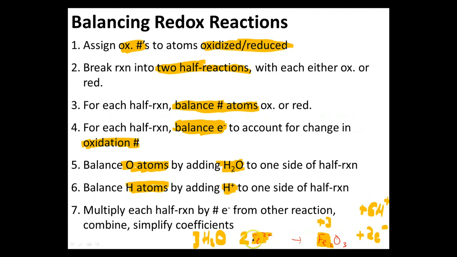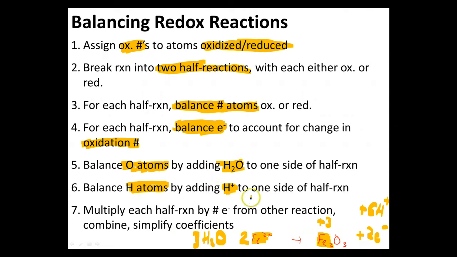I'm at plus 4 on this side. Hey look, things just ended up being charge balanced. And look, I've got 6 total hydrogens here and 6 hydrogens there. I've got 3 oxygens here and 3 oxygens here. I've got 2 irons there and 2 irons there. By going through all of these steps, we got a completely balanced half reaction.